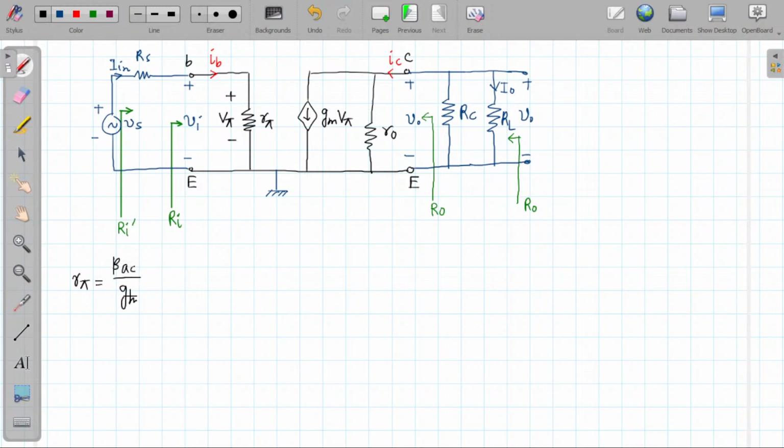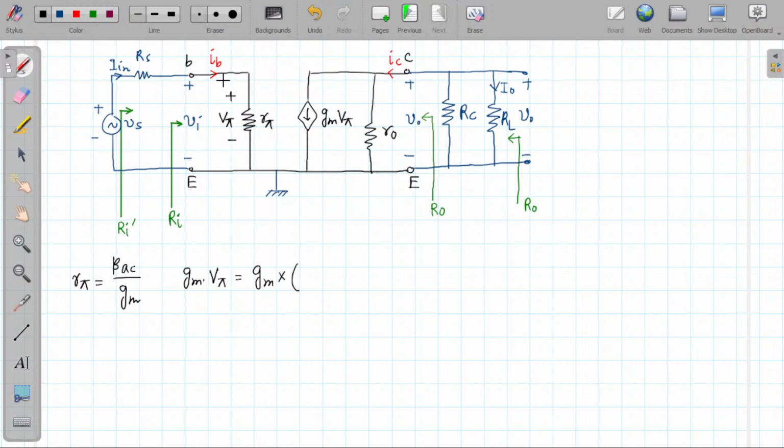We also know GM into V pi. From this we can calculate the value of GM. So this will be GM multiplied by V pi. What is V pi? V pi is nothing but the current into the R pi resistance, because it is the voltage drop across the R pi resistance.